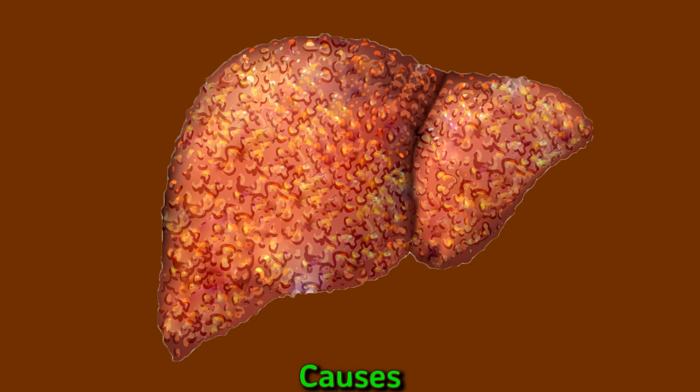Another cause is non-alcoholic fatty liver disease. This umbrella term encompasses a range of conditions that cause high levels of fat to accumulate in the liver. People are at higher risk of non-alcoholic fatty liver disease if they have obesity, high cholesterol, or type 2 diabetes.